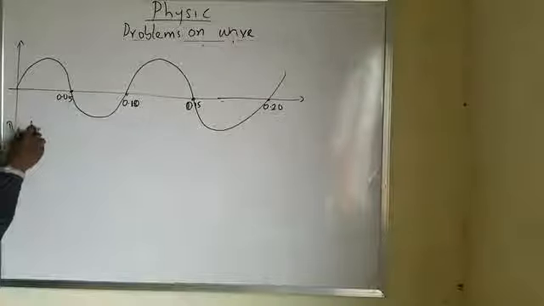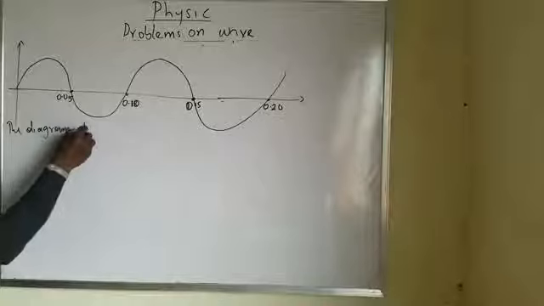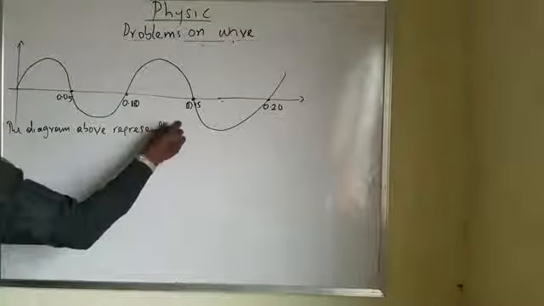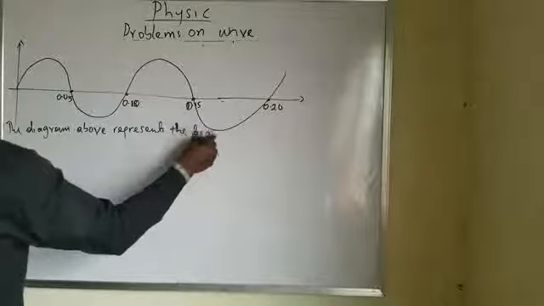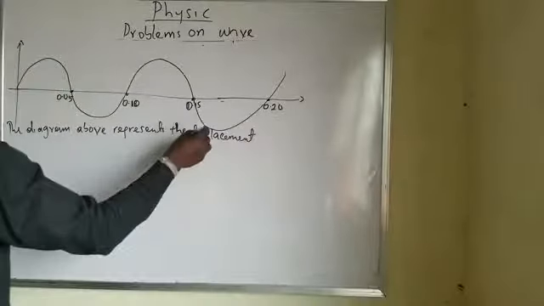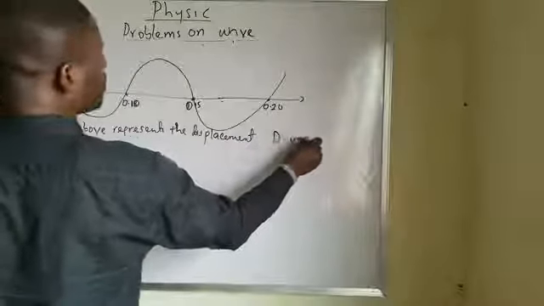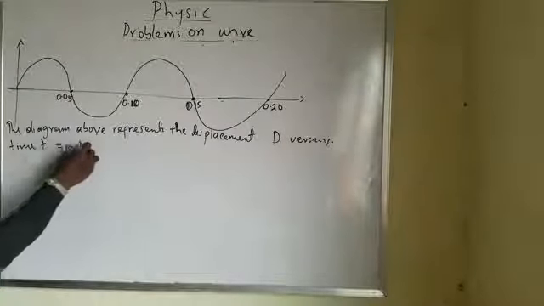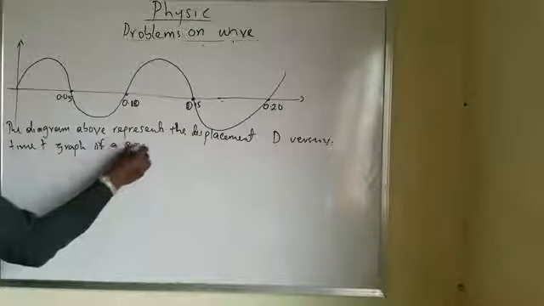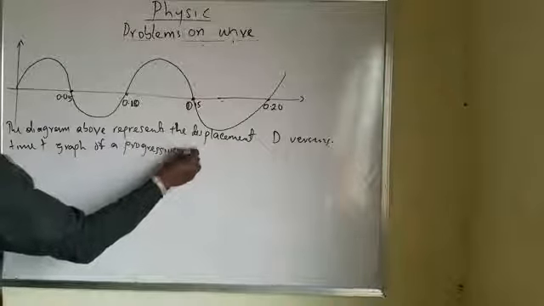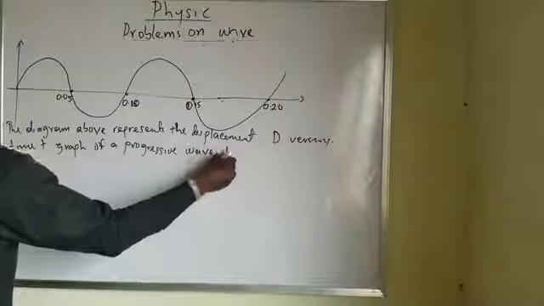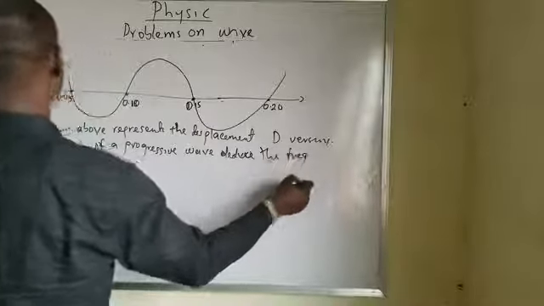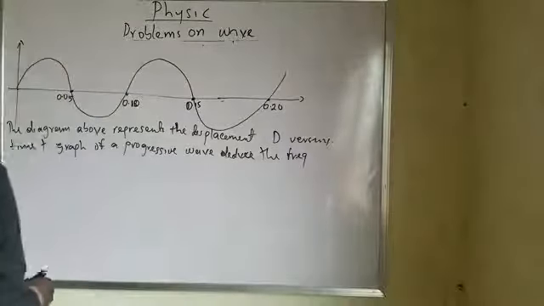The diagram above represents the displacement-time graph of a progressive wave. Calculate the frequency of the wave.